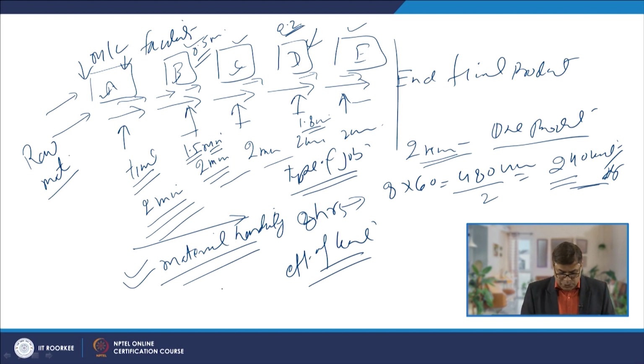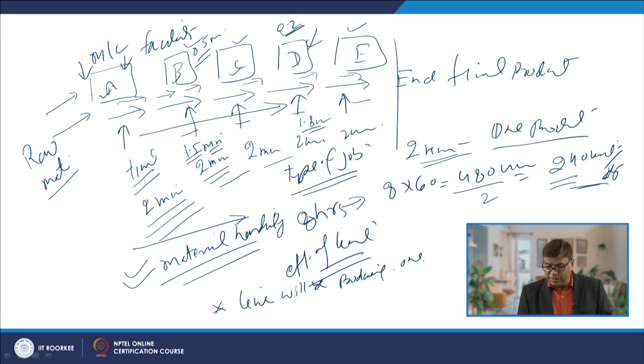In this case, mostly each line, whether the product line or the assembly line that has been developed, will be producing either one type of product or multiple products also. Multiple products are possible if there is a little variation in design with regard to the kind of operations to be done.